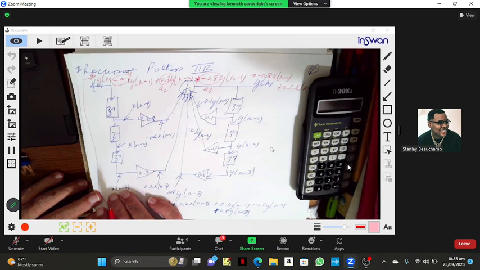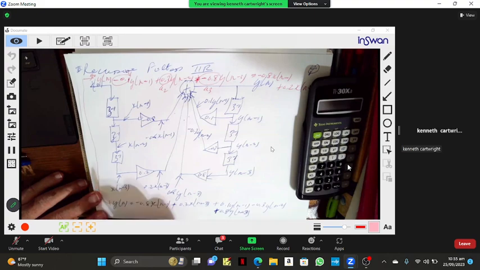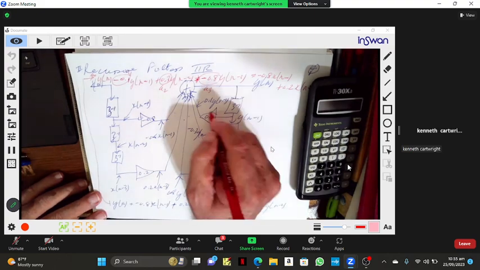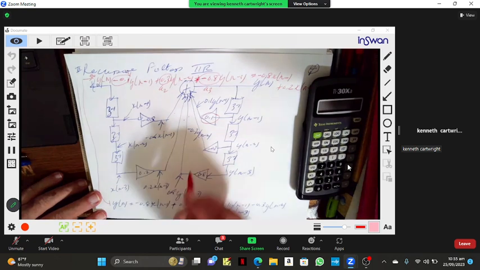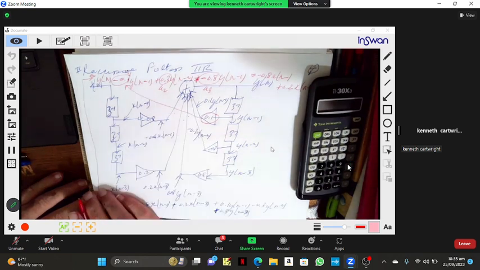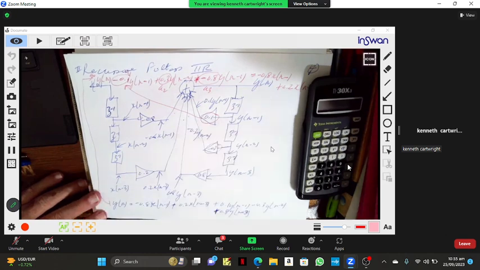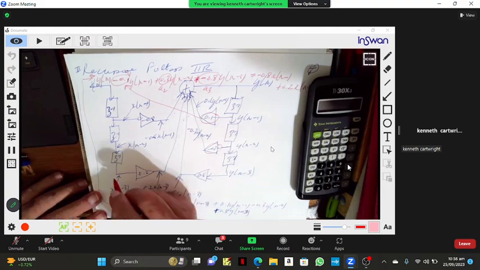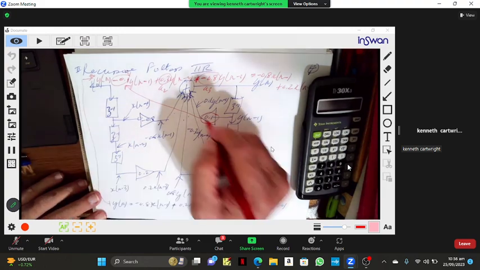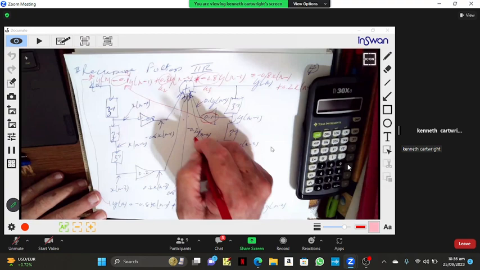Now, my previous question, about the negative signs in front of the coefficients. That's why I got it mixed up in the first place. What is this, point one? It's negative A1. So the book didn't lie to you. What is this? That's negative A2. The book didn't lie to you.